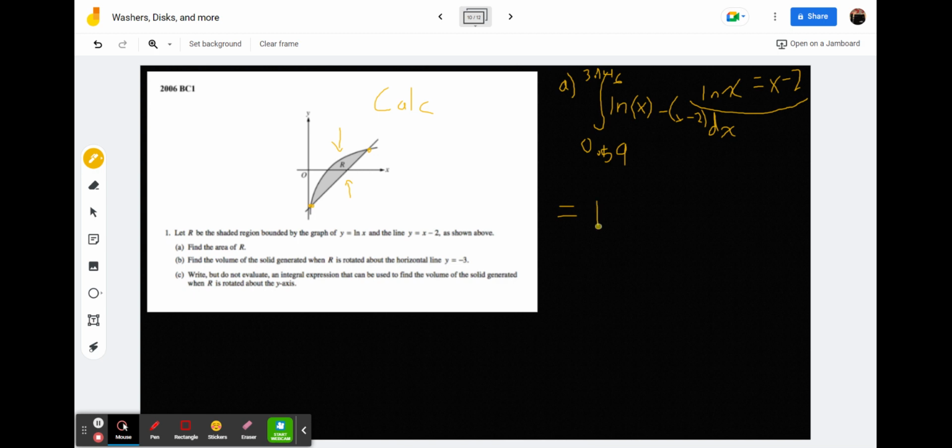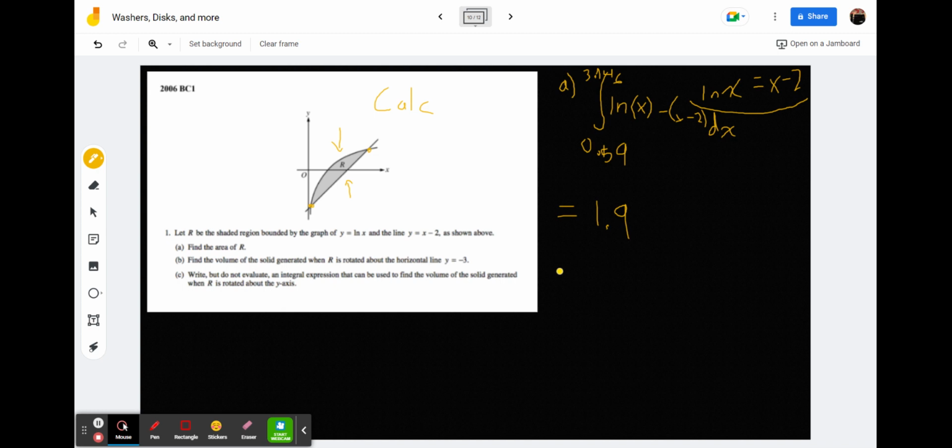We'll get 1.9. And if you don't know how to do an integral on the calculator, it's just second math, and then you go to math and click the 9th option, which is fnInt.